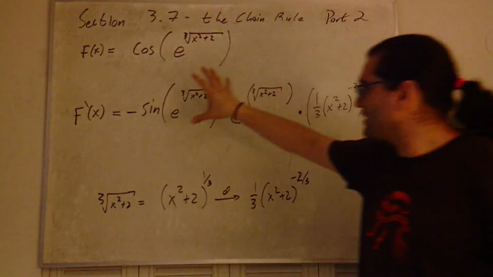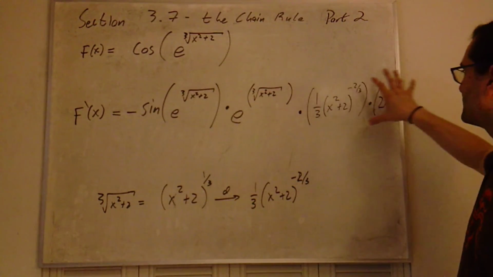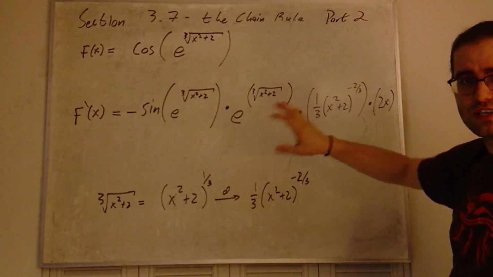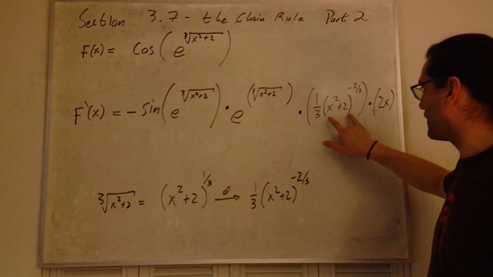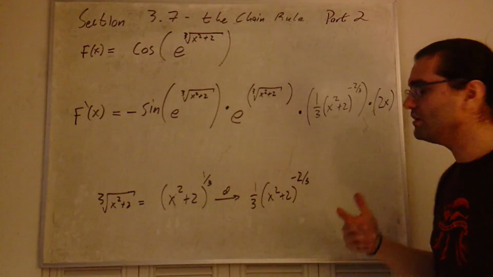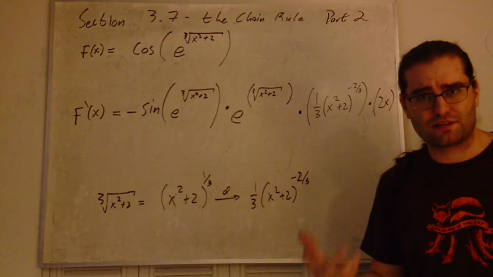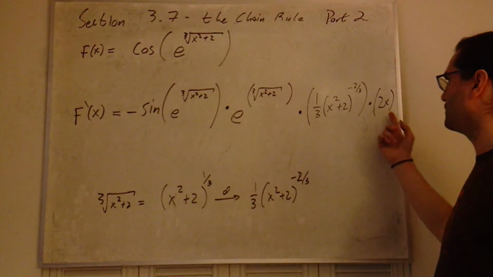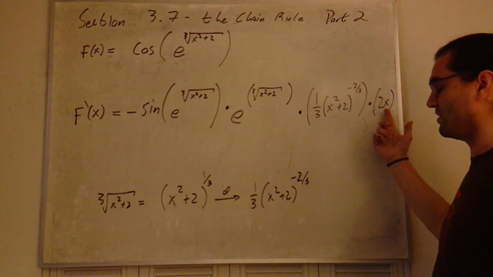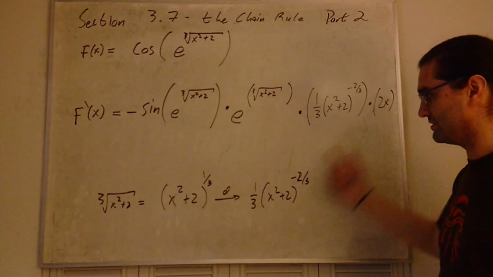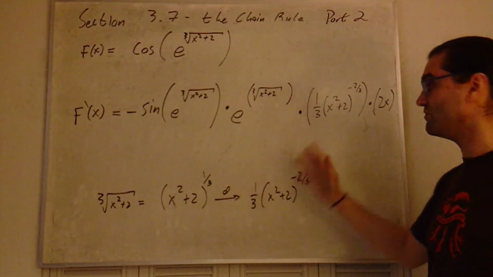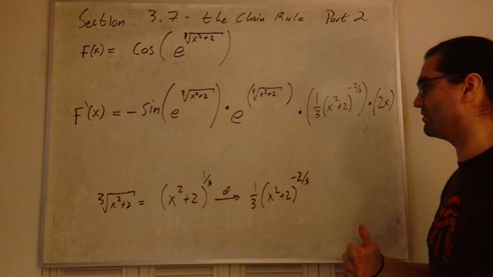If you're doing lots of steps like this, it's sort of tempting to keep multiplying by derivatives of whatever's in the parentheses until you can't anymore. You have to know when to stop. We don't need a derivative of 2x because 2x already is the derivative. It's the derivative of this. So this is where you stop. You don't need any additional derivatives.